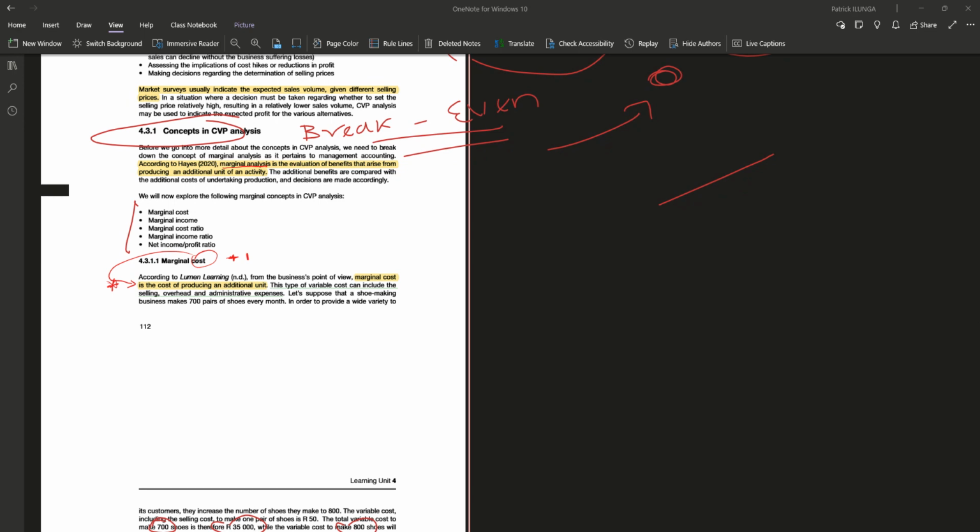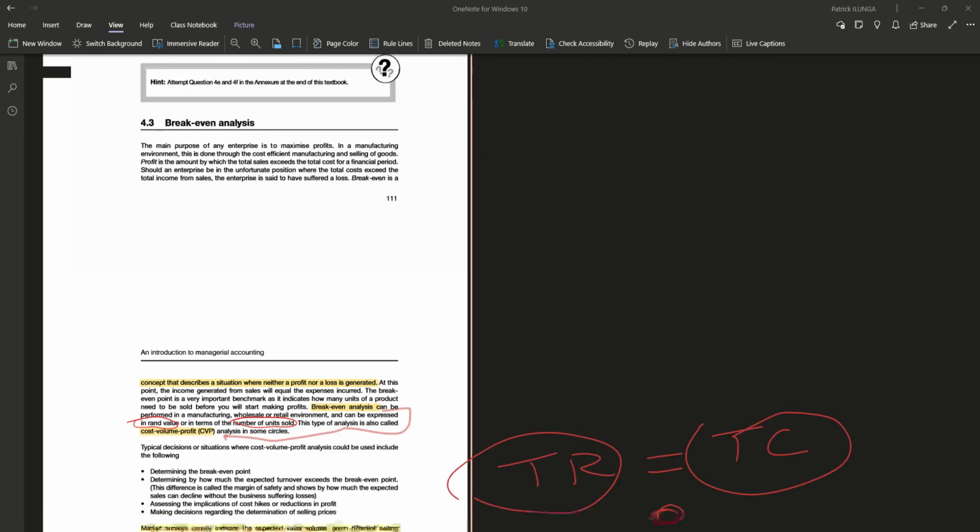So let's look at these concepts in CVP analysis. We have the marginal cost, marginal income, marginal cost ratio, marginal income ratio, and net income slash profit ratio. Let's just step back a bit and look at the break-even analysis. Break-even is the concept that describes a situation where neither a profit nor a loss is generated.